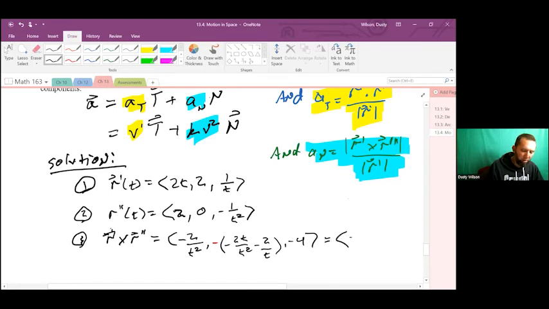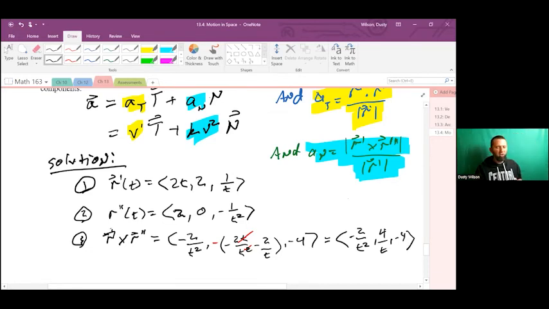which it looks like could simplify. It looks like we have minus 2 over t squared, comma, a t can cancel in both numerator and denominator. So I have minus 2 over t, minus 2 over t, minus 4 over t. It's all negative, so I've got a positive 4 over t. And then it looks like I have minus 4.